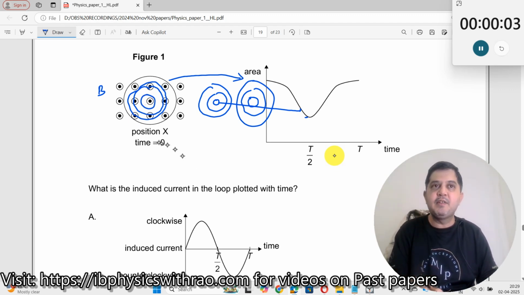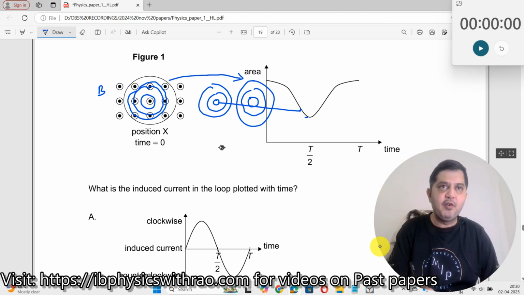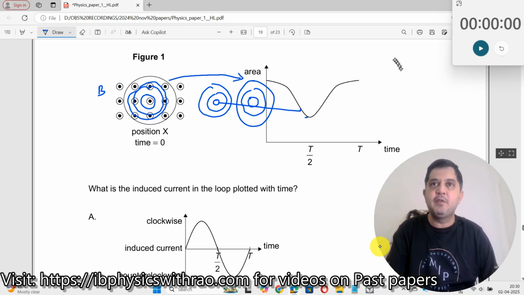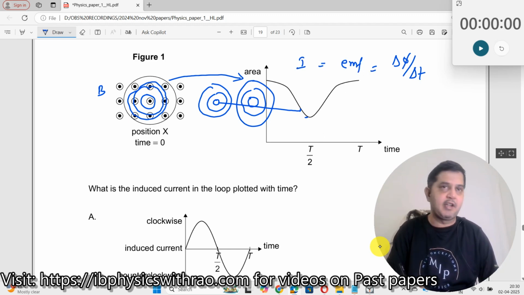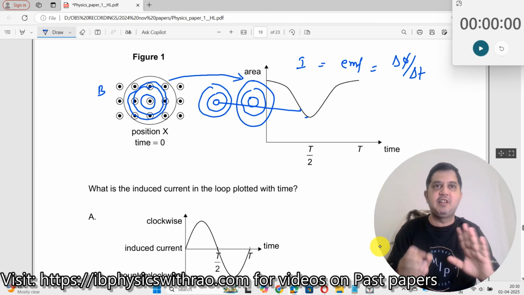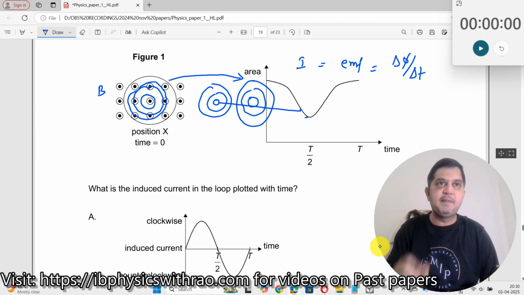So there is a change in the flux being observed as the area changes. When flux changes with time, delta phi by delta t changes, and automatically there is an induced EMF. When you have an induced EMF, you also have an induced current. So this explains everything. I just explained the concept.